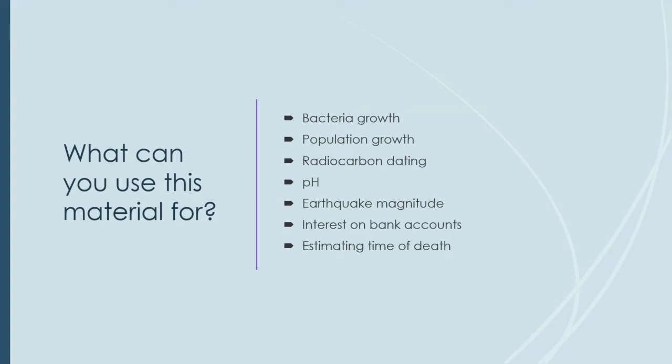Interest and bank accounts, depending on the type of interest, that's usually exponential. And then estimating time of death. People in the criminal justice field usually have a shortcut to determine time of death, but where the numbers come from to give you a good estimate actually come from Newton's law of cooling, which is an exponential function.